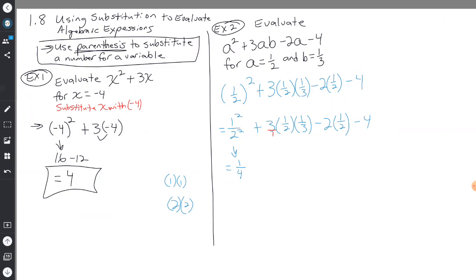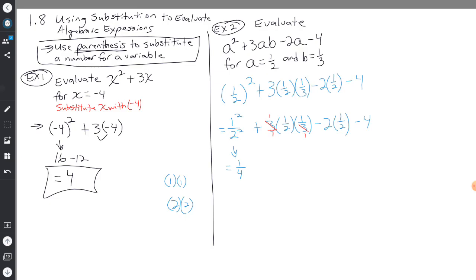Right. So from numerator to denominator, we can cancel as long as there's multiplication in between the factors. So 3 goes into 3. So we're left with 1 over 1 times 1/2, 1 over 1.